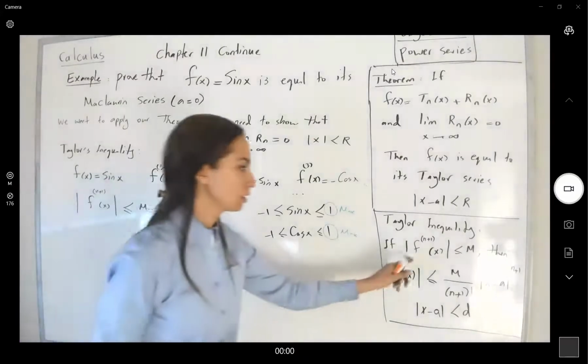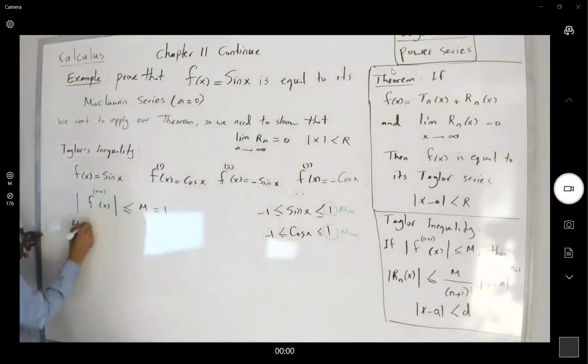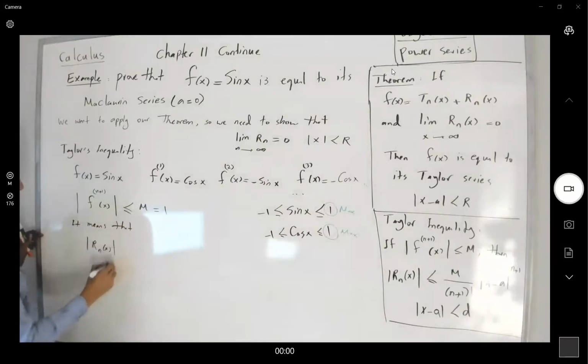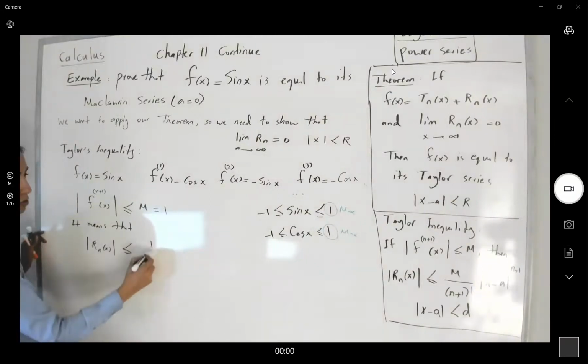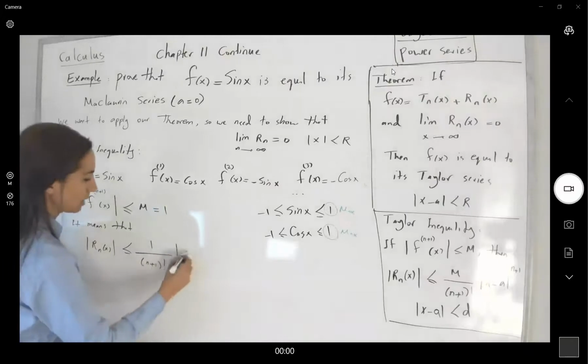Well, okay. Since the condition is met, it means that the error function for sine is less than or equal to 1 divided by n plus 1 factorial times the absolute value of x to the power n plus 1.